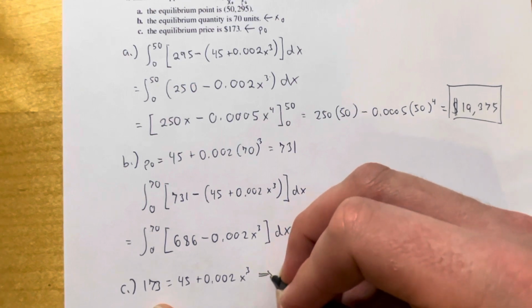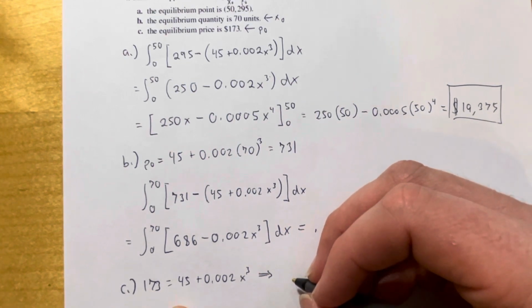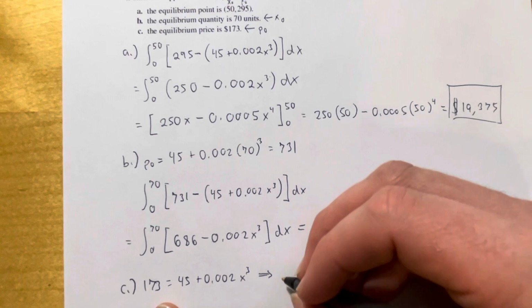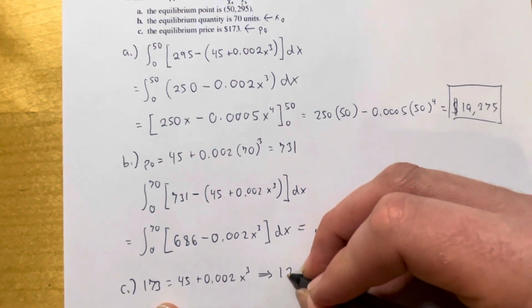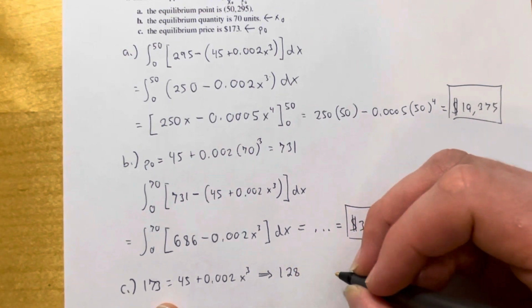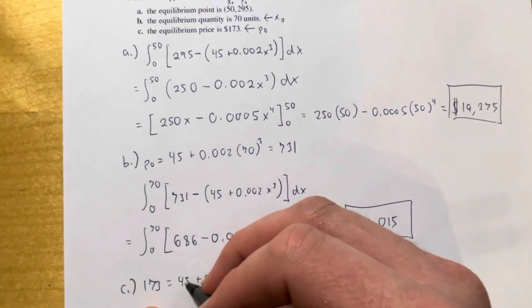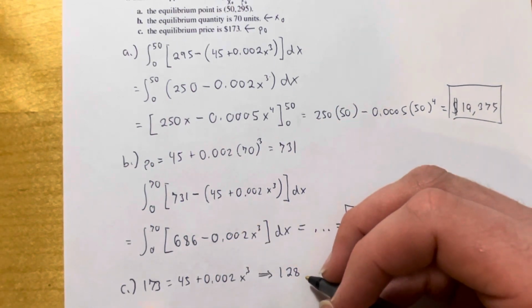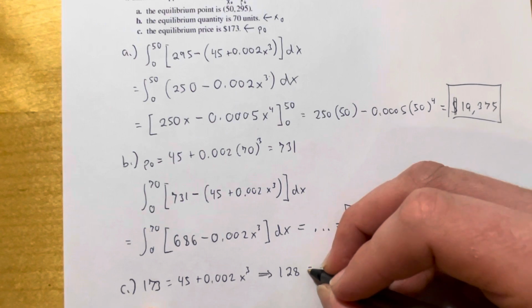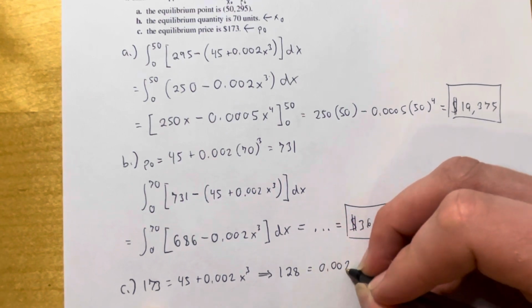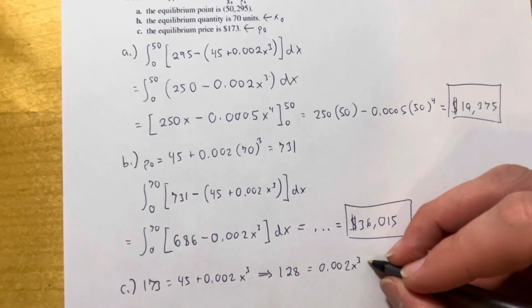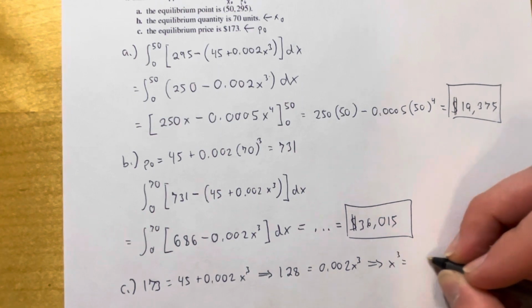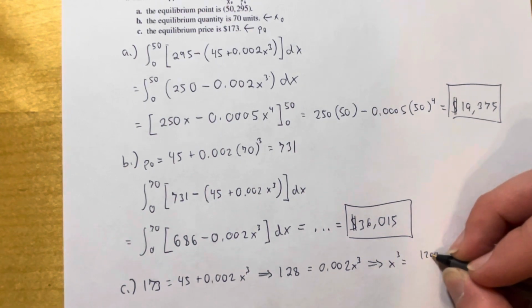So this is going to give me 128. Yes, 128 equals 0.002 x cubed. X cubed is equal to 128 over 0.002.